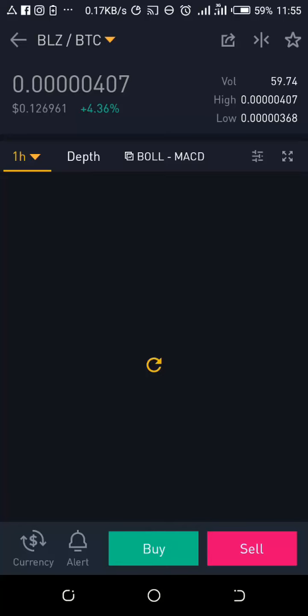So we're going to use a limit buy order to buy lower than 400 Satoshi. So we're waiting to see this chart before we can buy.